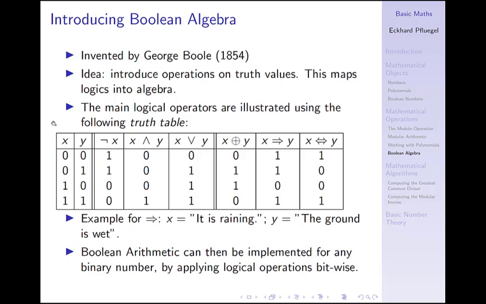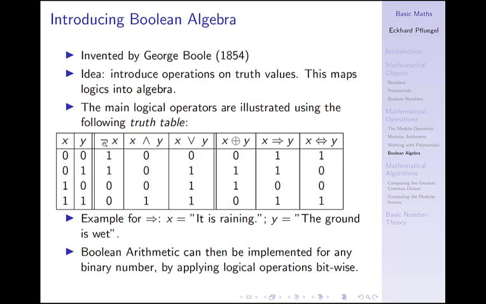And what turns out is that if you want to manipulate truth values such as true and false, these are really the only ones we consider certainly for the classic Boolean algebra, then the operations that you need are the negation and the conjunction and the disjunction.